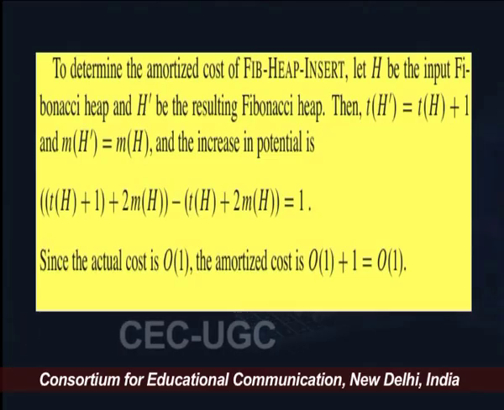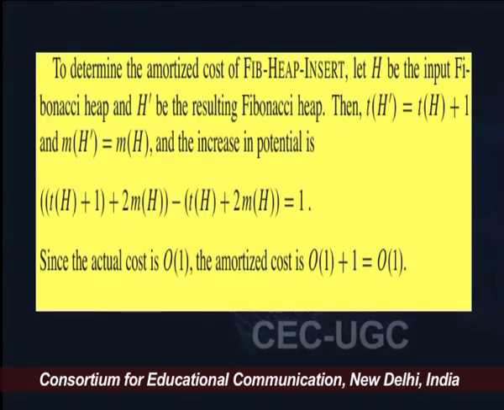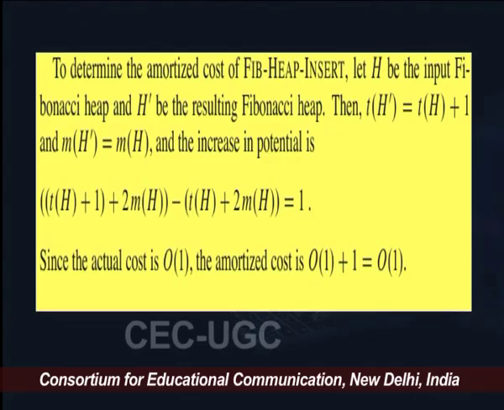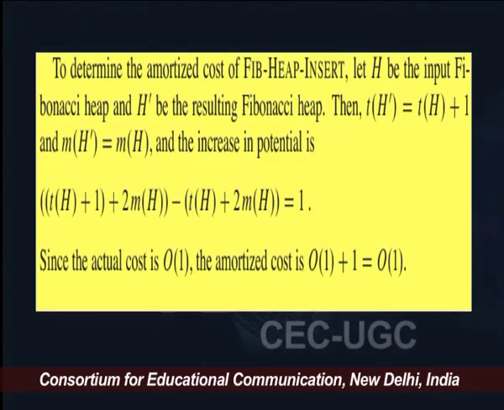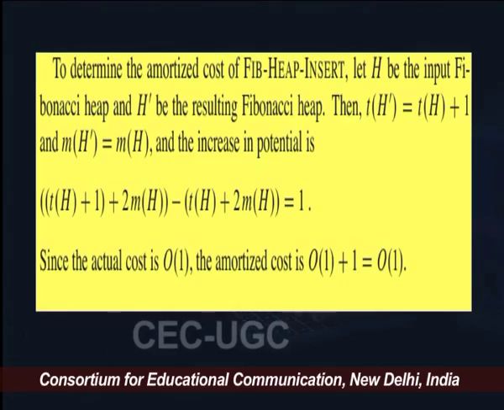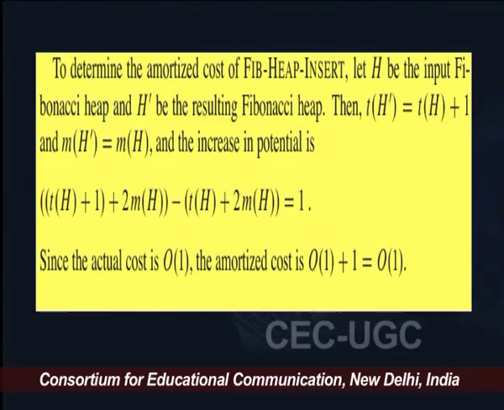What does it mean? This essentially says the number of trees in the new heap h dash is the previous number plus 1, so it is going to be T of h plus 1, because we have inserted a new node into it, and m of h dash is equal to m of h.